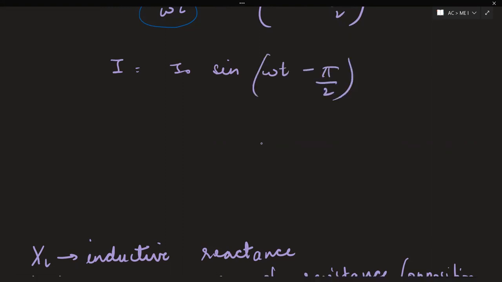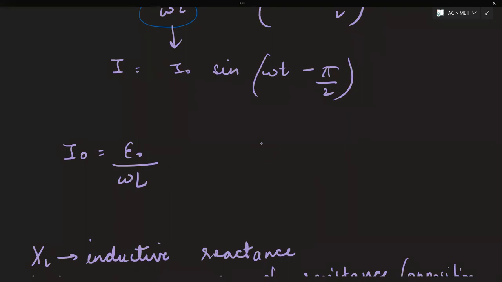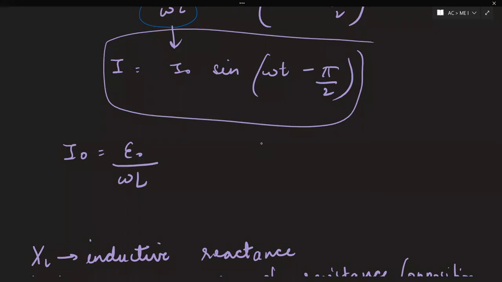I have written E naught by omega L as I naught. That is, I naught is equal to E naught by omega L. We'll focus on what this omega L is in a moment. But first see this: I is equal to I naught sine omega t minus pi by 2, whereas E was E naught sine omega t.